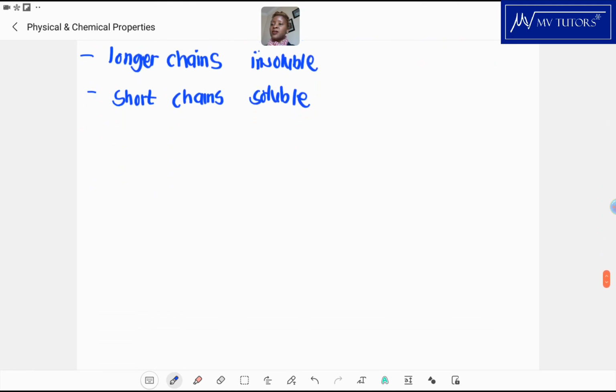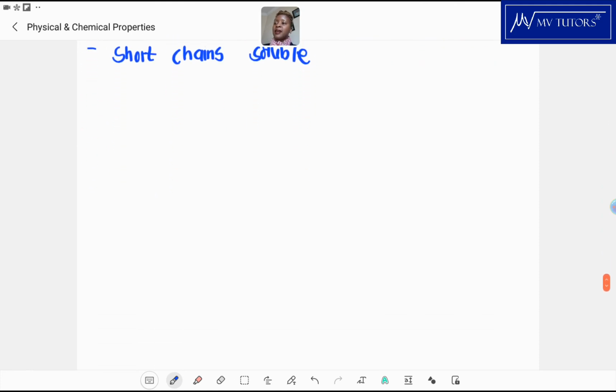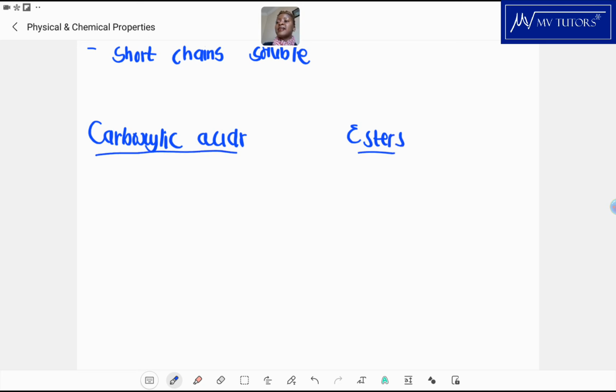And then the last two groups we're going to look at are carboxylic acids and esters. Your carboxylic acids as well as your esters are also functional isomers of each other.